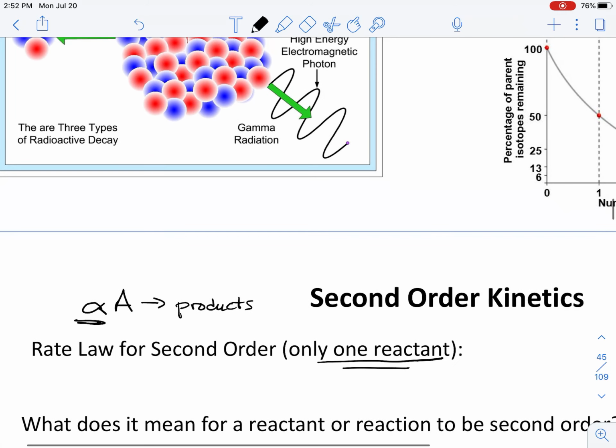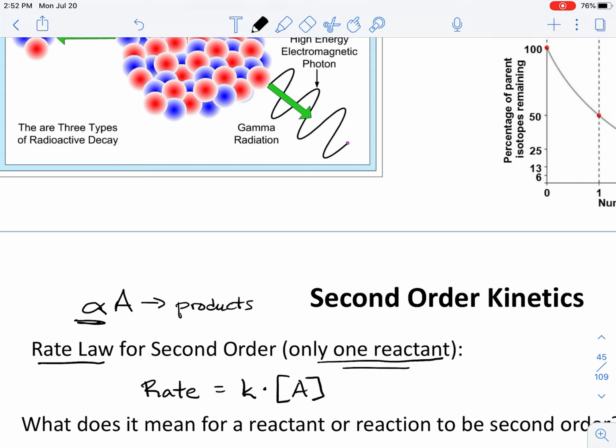Now, when we're writing the general rate law for second order kinetics, the rate of the chemical reaction is equal to the rate constant K times the concentration of reactant A. And once again, reactant A is going to represent any type of reactant.